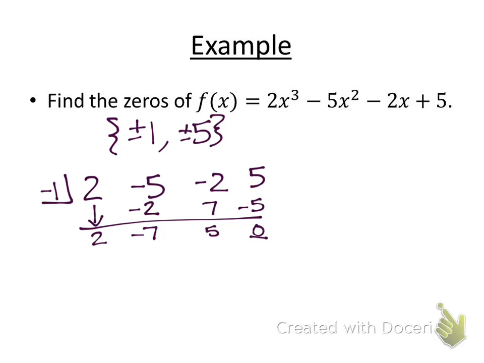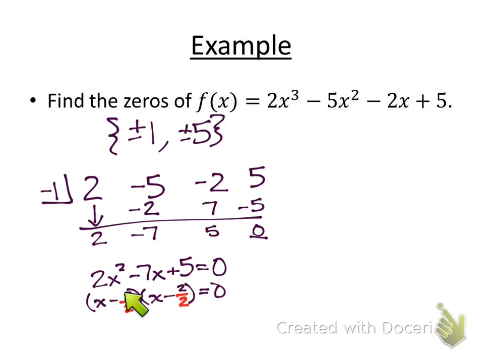Hey! Yes! These numbers turn into 2x squared minus 7x plus 5 equals 0. I could either do the quadratic formula, or we could try multiply-add. What multiplies to 10 and adds to negative 7 is negative 5 and negative 2, but we're dividing by the leading coefficient 2.